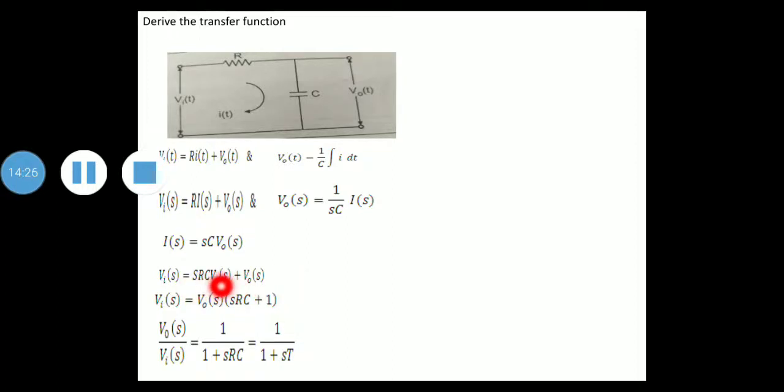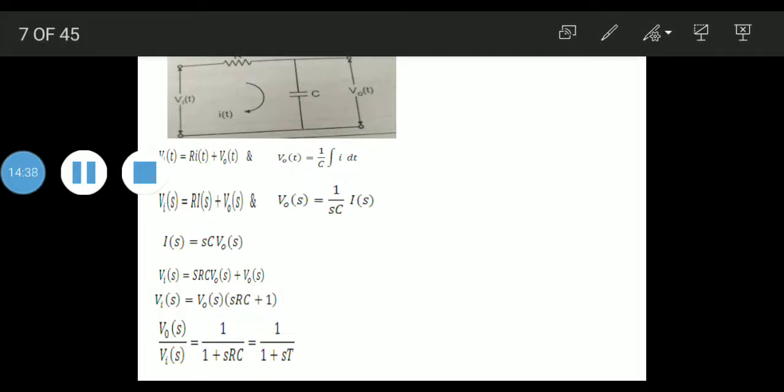So Vi(s) is V0(s) times (1 plus sRC). V0(s) by Vi(s) will become equal to 1 divided by 1 plus sRC, which is equal to 1 divided by 1 plus s tau.